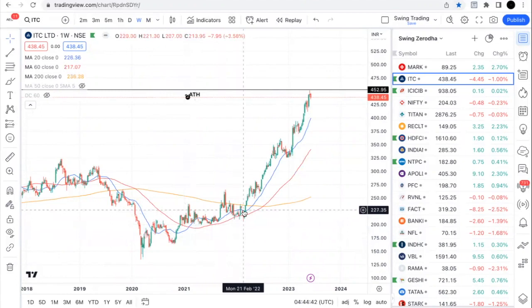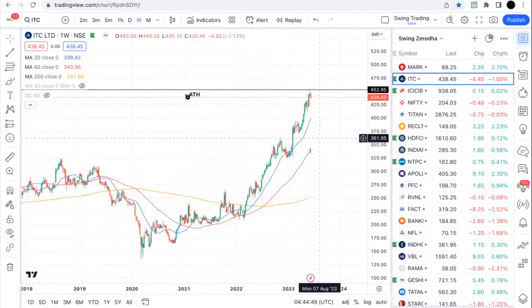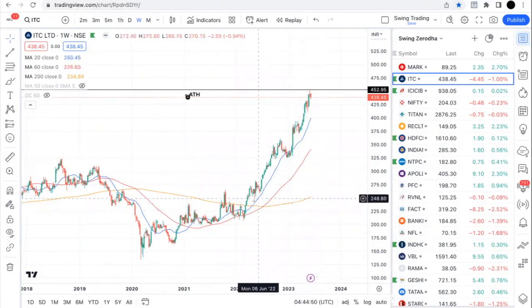Then around February of 2022, there's been a very strong movement up. And that's where, see this, that's where this pattern began to take place, the 20, 60 and 200, right about that point.